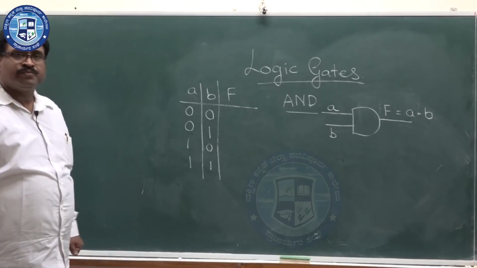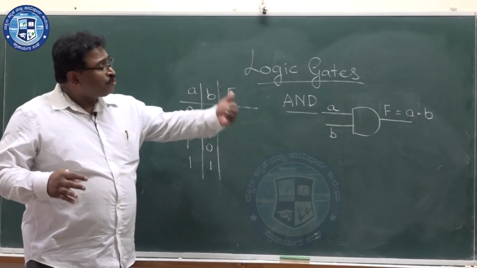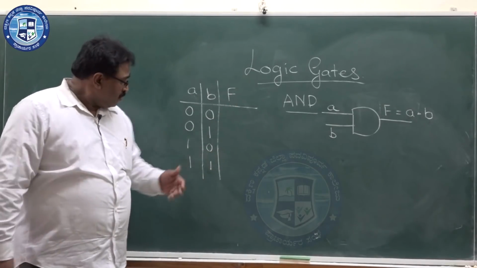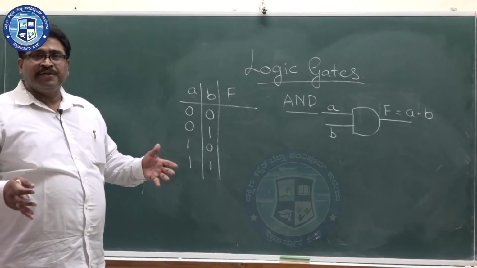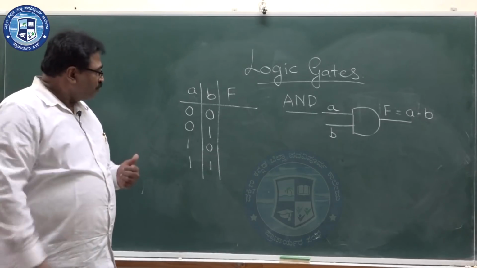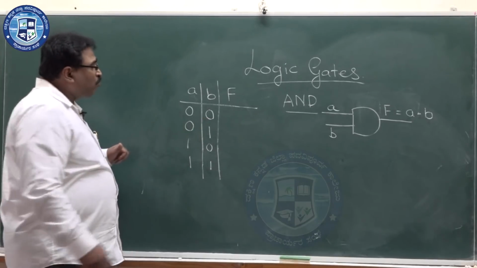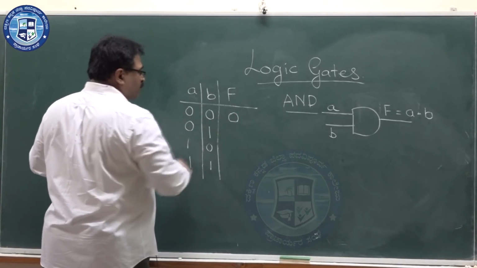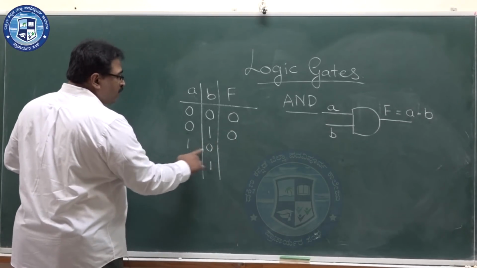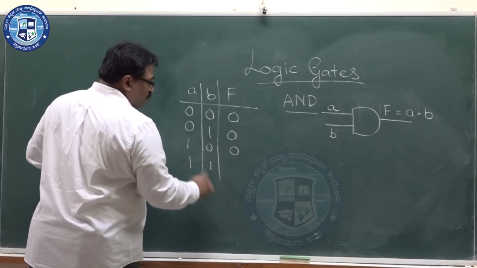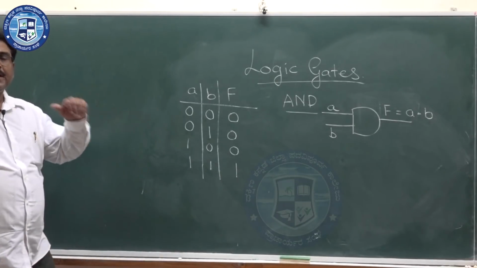What we have learned in the AND operation is, for the output of the AND operation to be 1, all the inputs need to be 1. That is how the AND operation works. It means if the inputs are 0 and 0, the output will be 0. 0 and 1, the output will be 0. 1 and 0, the output will be 0. 1 and 1, the output will be 1.